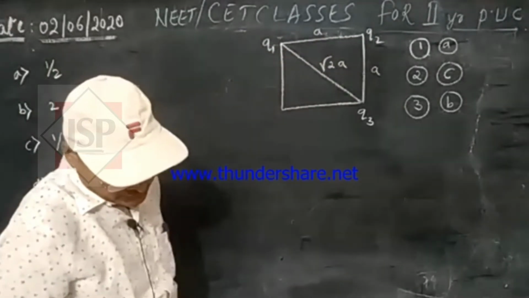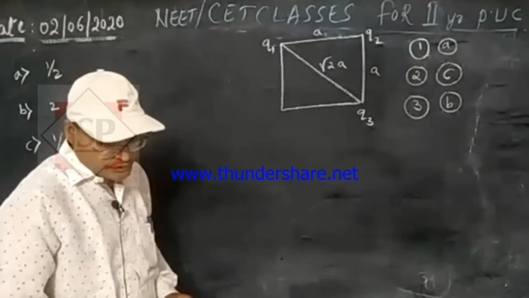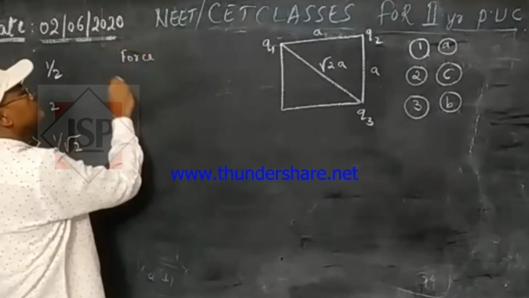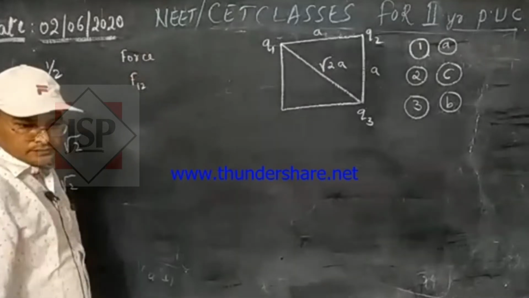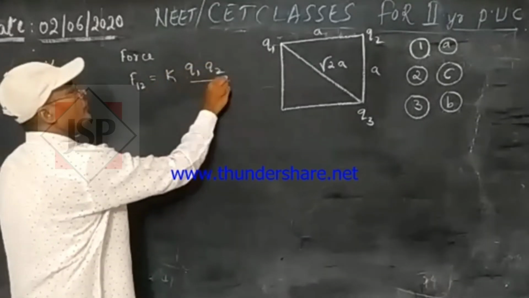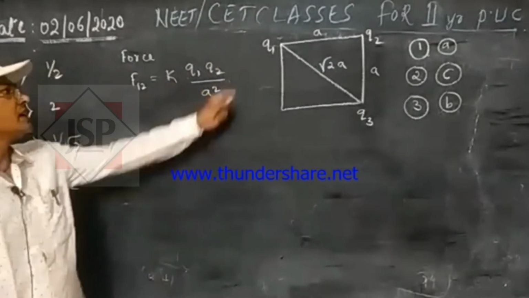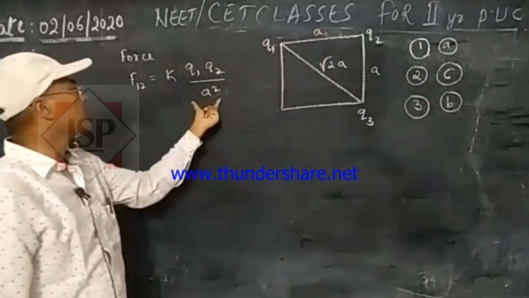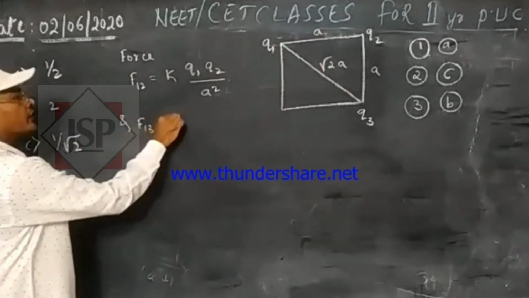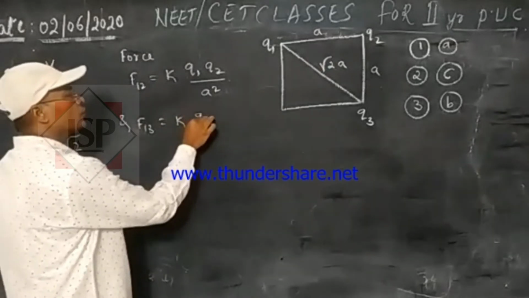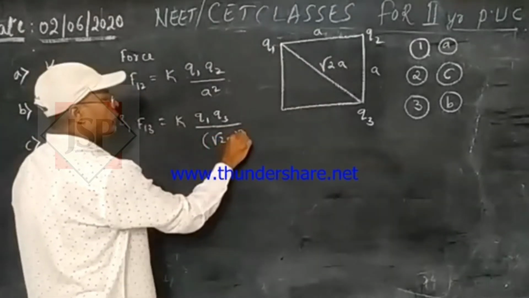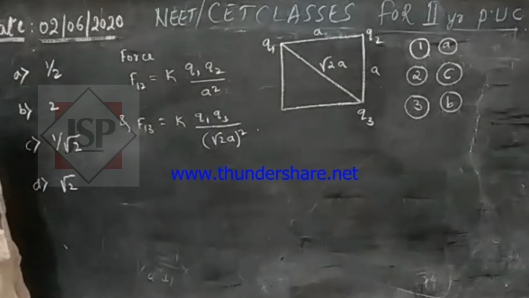If the force between Q1 and Q2 is F12, then F12 equal to K Q1 Q2 divided by A square, since the distance is A. Now the other force F13 equal to K Q1 Q3 divided by root 2A whole square.